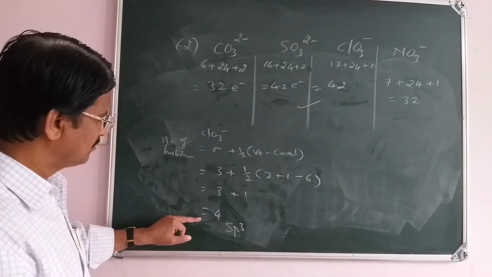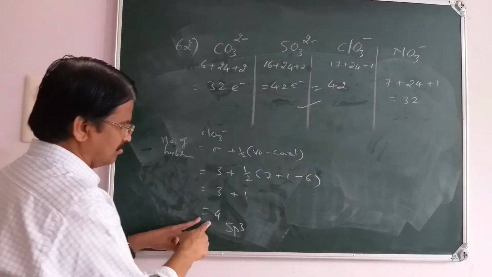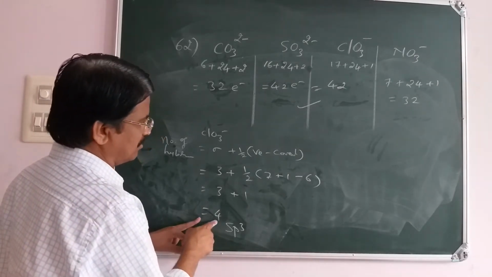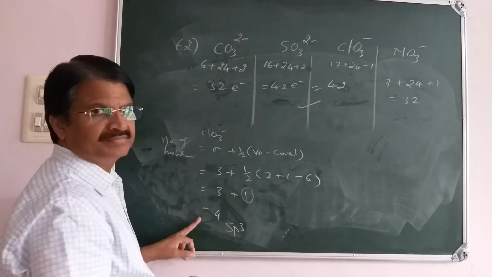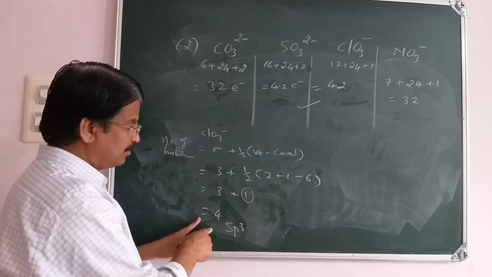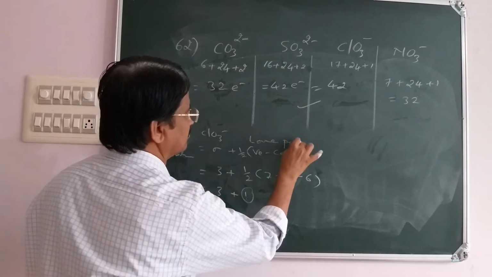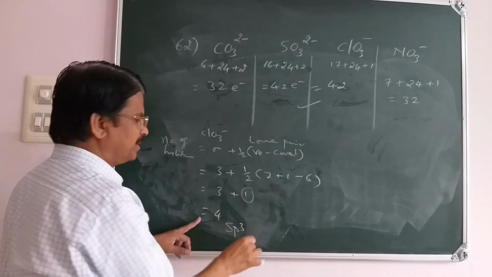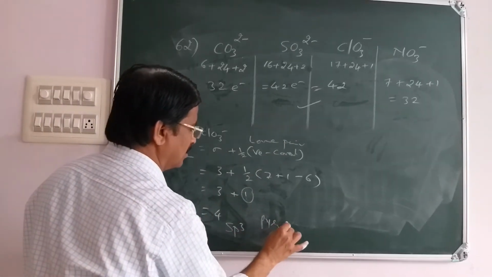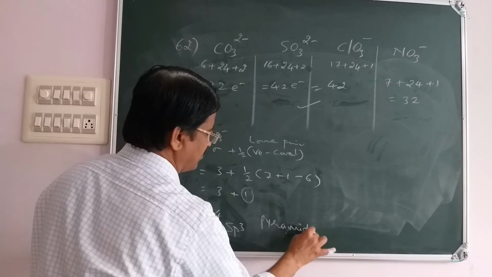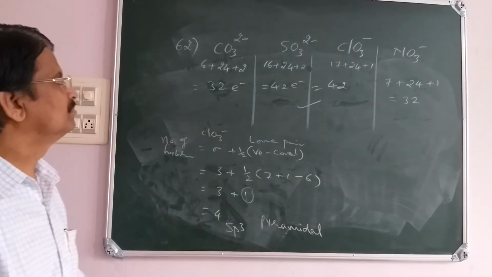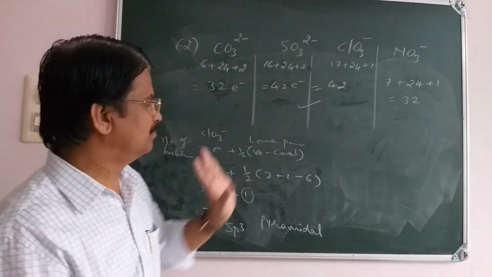ClO3 is sp3 hybridized, but with one lone pair. If you have a lone pair, that is called pyramidal. Yes, geometry of ClO3 is pyramidal.